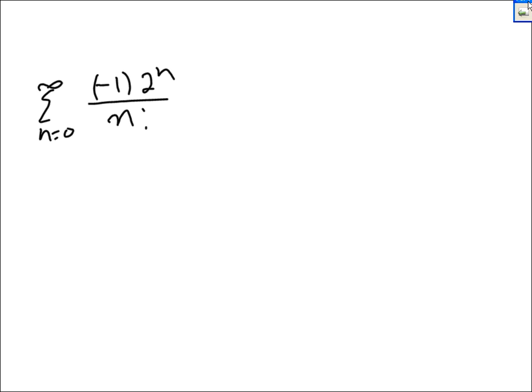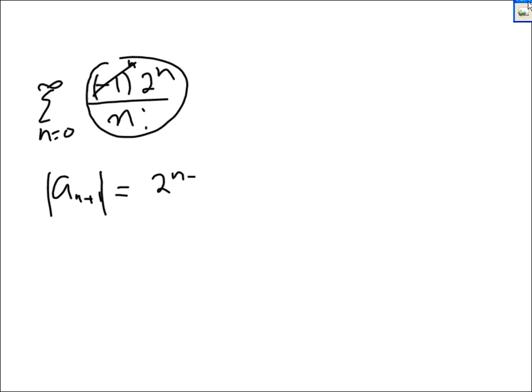Well, if you think now, when you take the absolute value of negative 1 to the n, this just disappears. So the absolute value of a sub n plus 1 is 2 to the n plus 1 divided by n plus 1 factorial.